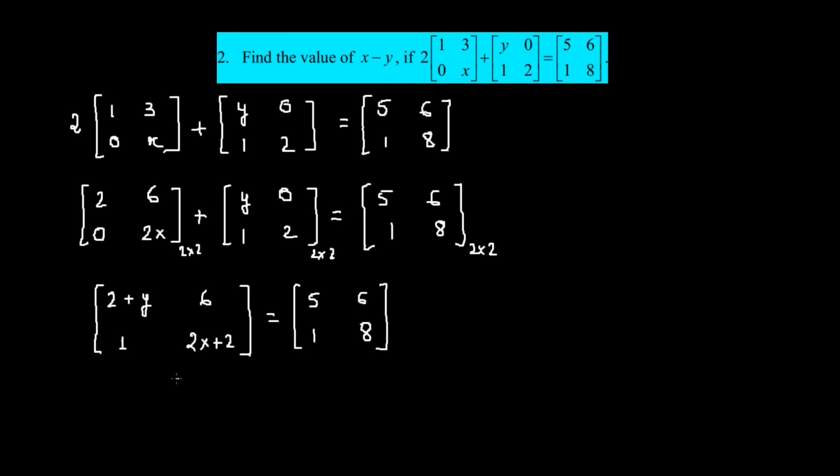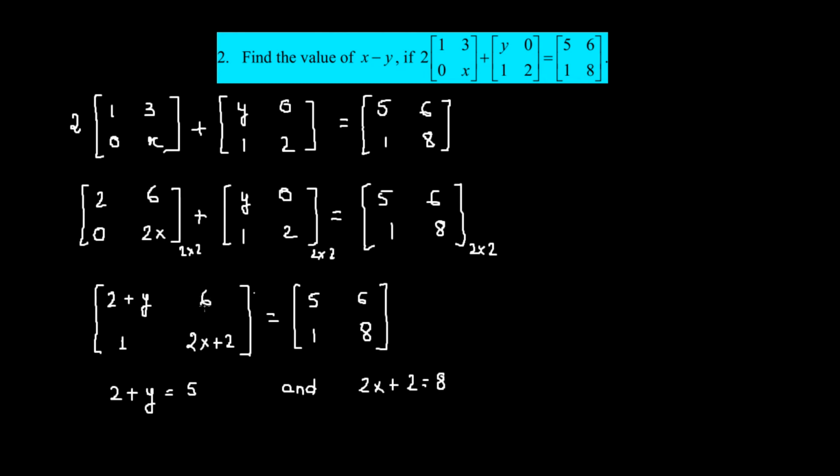So the first entry, which is 2 plus y, will be equal to 5. And if we look at the fourth entry, which is twice x plus 2, this will be equal to 8. Now, we have already seen that 6 is equal to 6, which is the second entry.